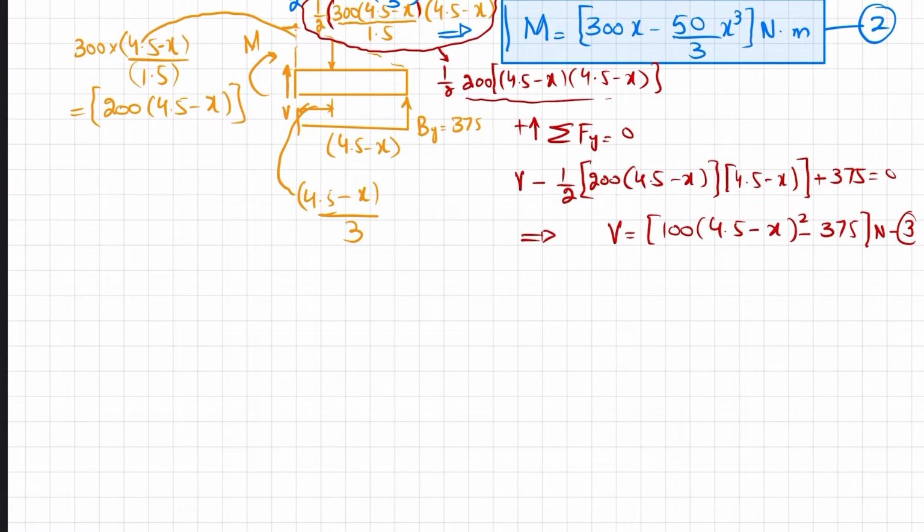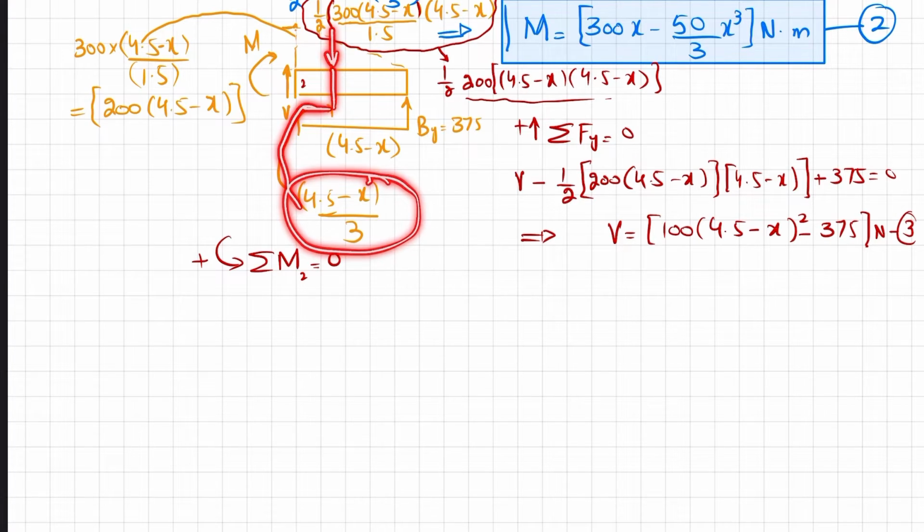Now we will apply the sum of all moments about this point 2 equal to 0, taking the counterclockwise moment as positive. So you have one moment which is this one, which is clockwise. The second moment is the reaction into perpendicular distance, which is 4.5 minus x. The third one is this force multiplied by this perpendicular distance. Their sum must be equal to 0.